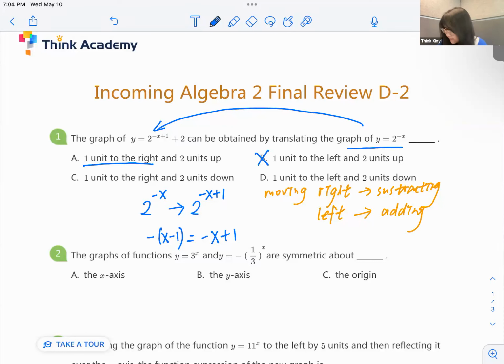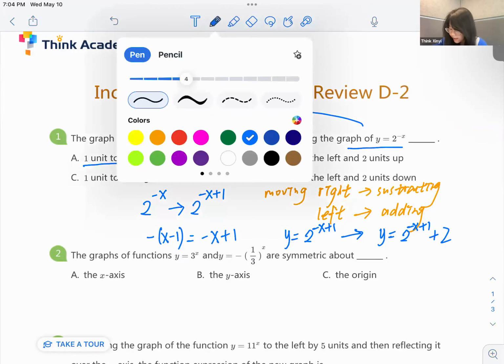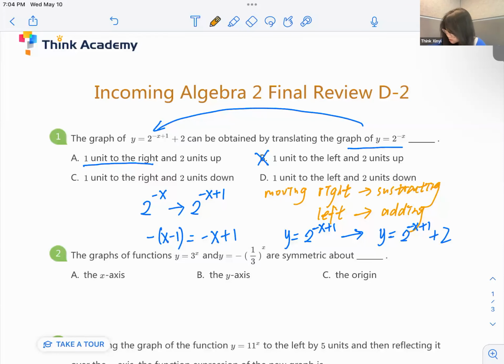Okay, and then let's see. If we want to turn y equals 2 to the power of negative x plus 1 into y equals 2 to the power of negative x plus 1 plus 2, this is about moving up or down, right? So if it's moving up, it's adding.